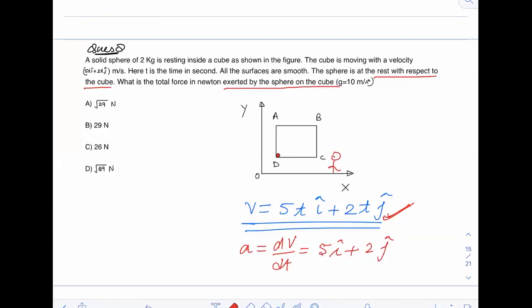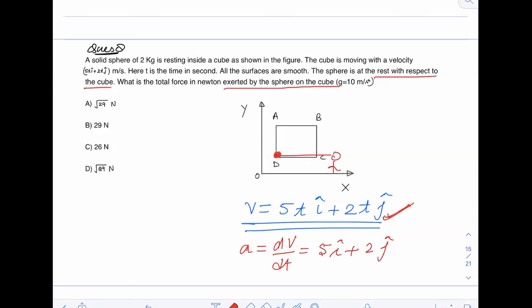Okay, see here. Now, in this case, what will happen here is that this sphere is having a velocity. It's not 29, neither 89, root 89.